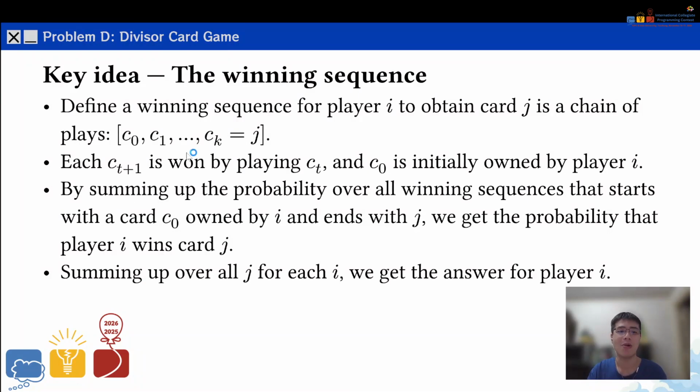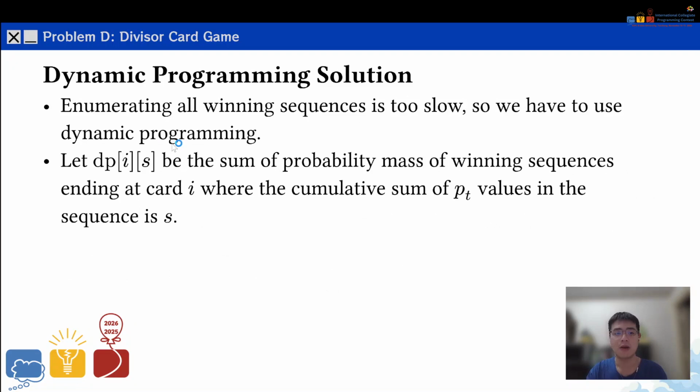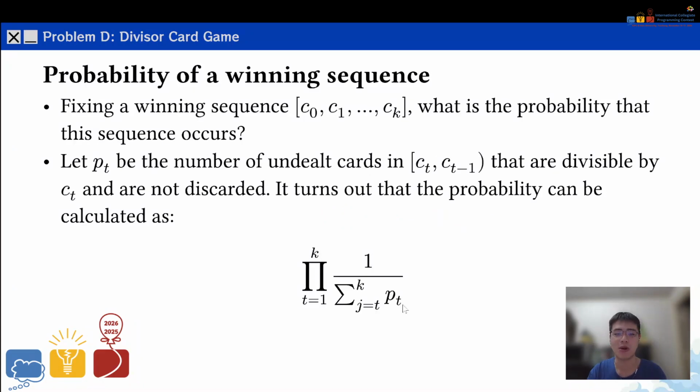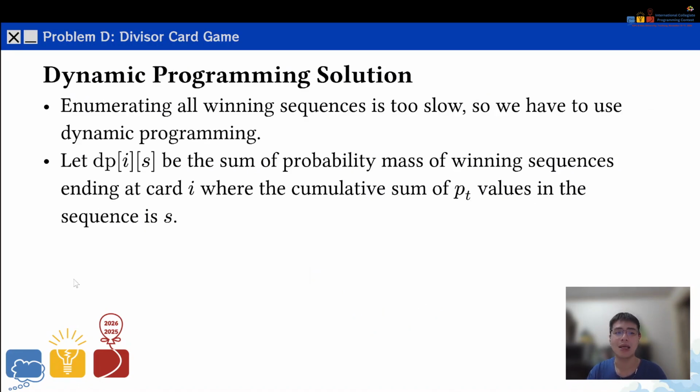In fact, we first encounter CK, then CK minus 1, up to C0. The winning sequence starts at CI, where the cumulative sum of PT, which we describe as the suffix sum here, is S.